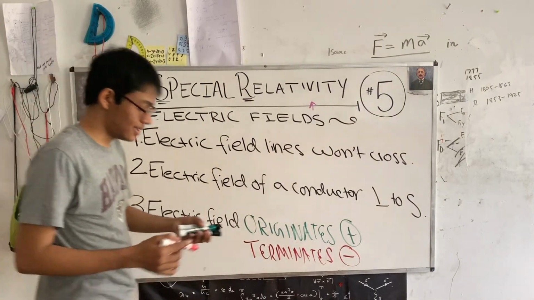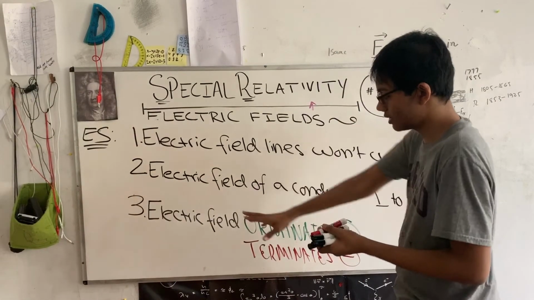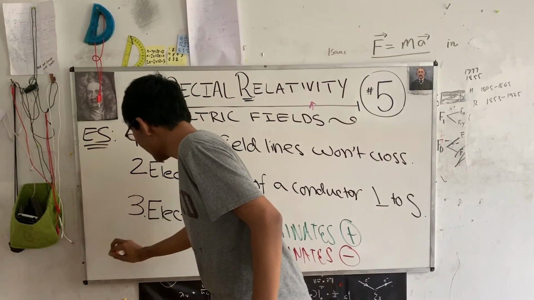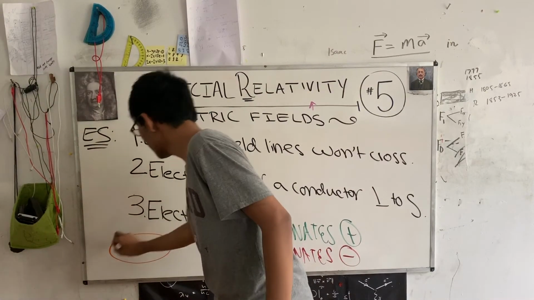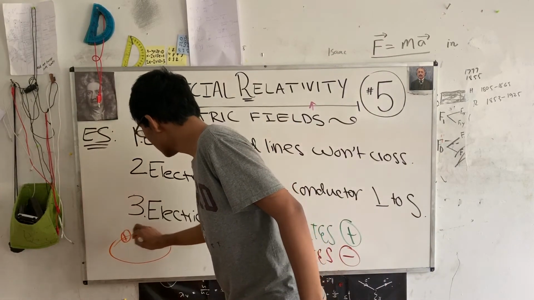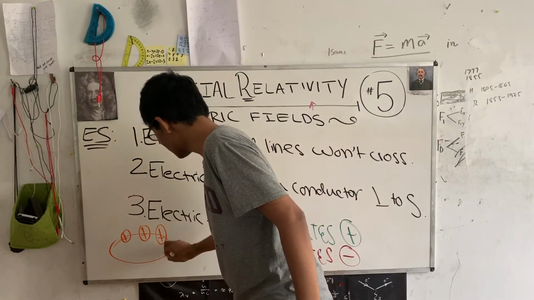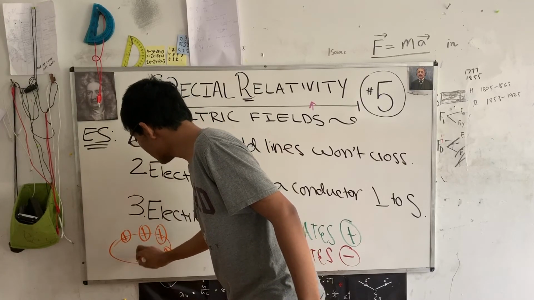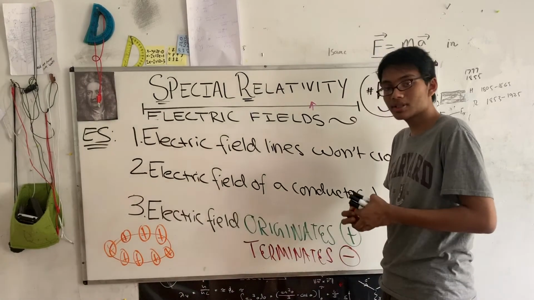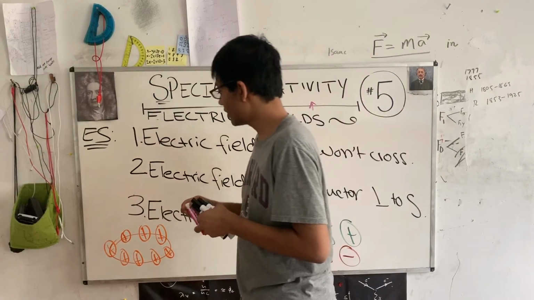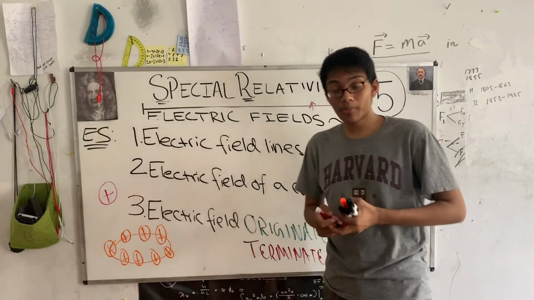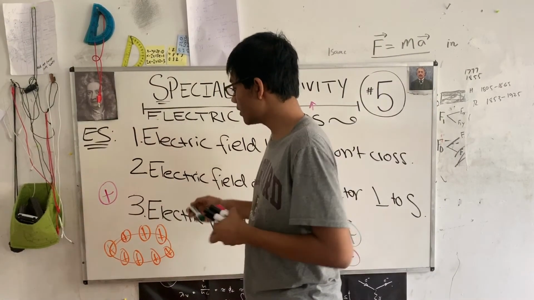I've run out of space, so let me come over here to the side. Let's say I have this kind of annulus, an annulus of charges. Hopefully you see what I've just drawn here. Here's plus, plus, plus, all of these positive charges. Now, let's say I put some kind of charge right here. This charge is obviously going to be repelled by that ring of charges.